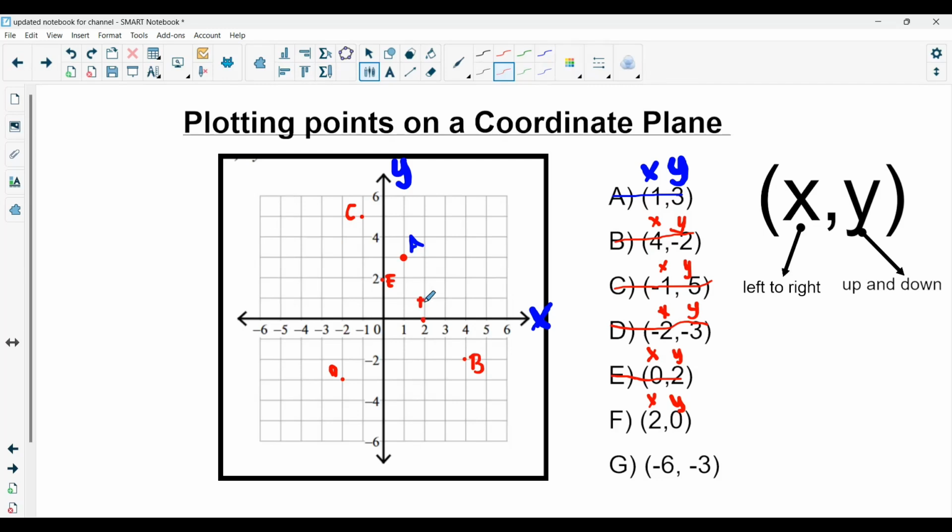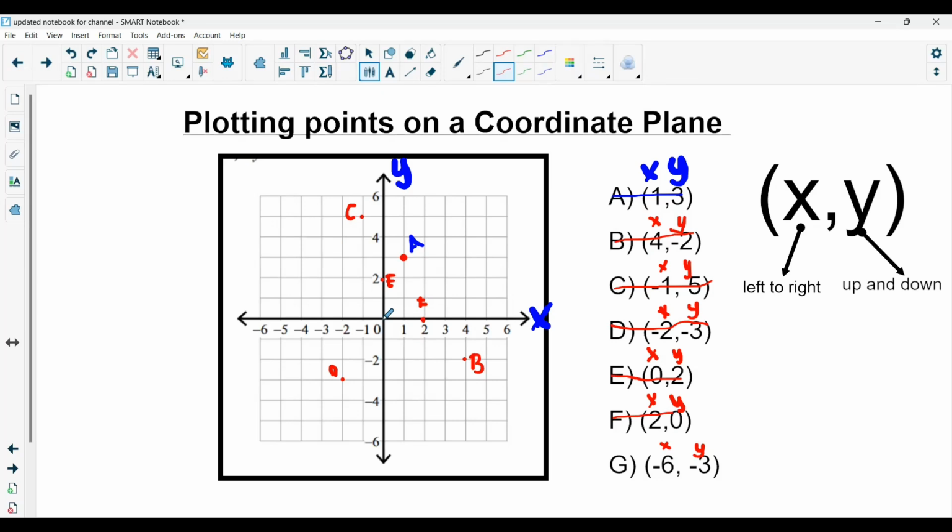Okay. And lastly, let's look at our G. We have X as -6 and Y as -3. Okay. So let's start at our origin, and our X is -6. So do we move left, right, up, or down for X? If X is a negative number, we are going to move left or right.